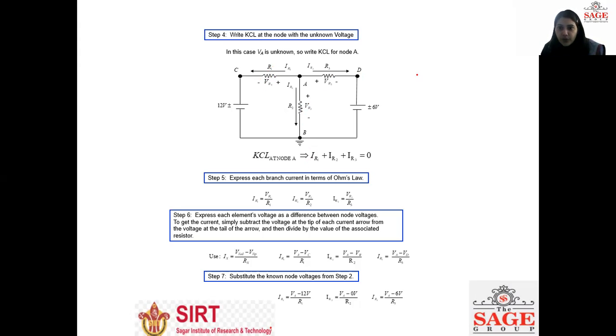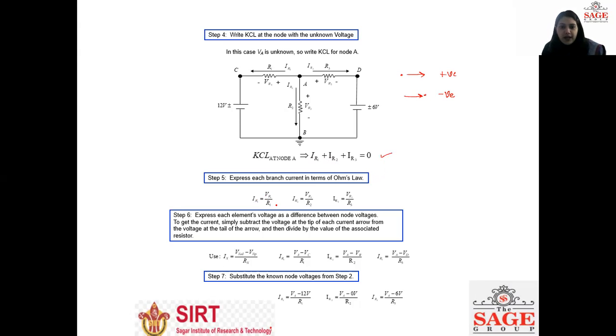For outgoing we are taking the positive sign, and for a current in the incoming direction towards the node, we will take negative. Here we have taken all the currents that are outgoing from that node as positive. So plus IR1 plus IR2 plus IR3 is equal to 0.